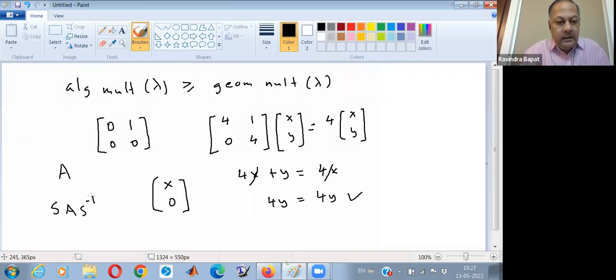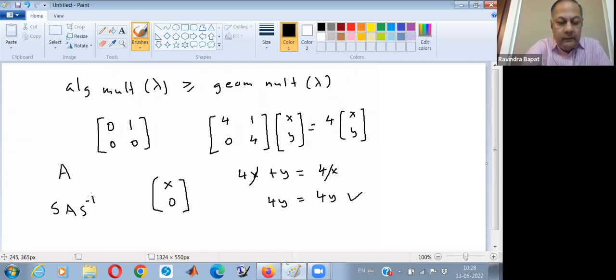And similar matrices have the same characteristic polynomial and the same eigenvalues. So we will try to reduce a matrix to a simpler form by multiplying on one side by S and on the other side by S inverse. And that's called a canonical form.